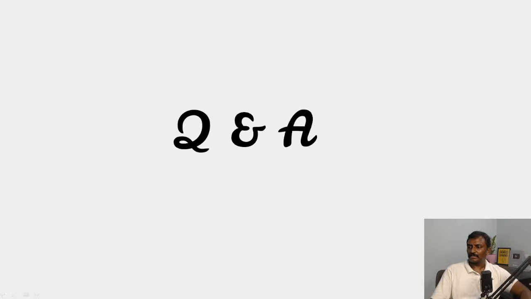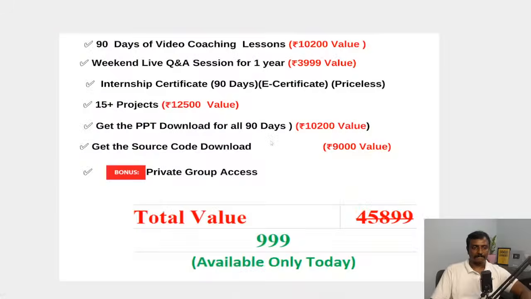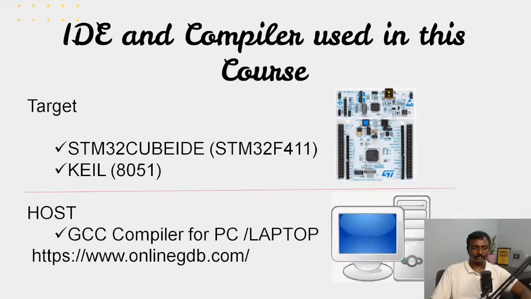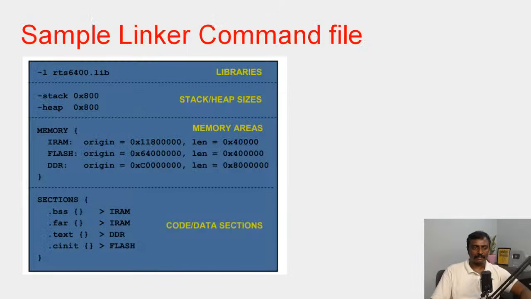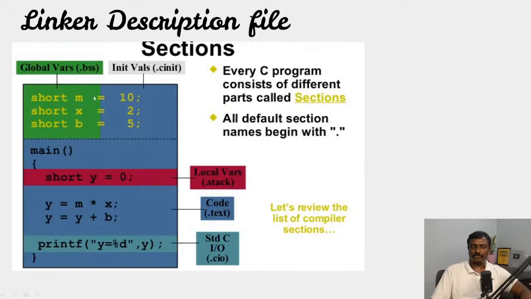Shanmitra is asking, could you explain the linker description file again? Your C program consists of different sections called .bss, .cinit, .stack, .text and .cio sections.